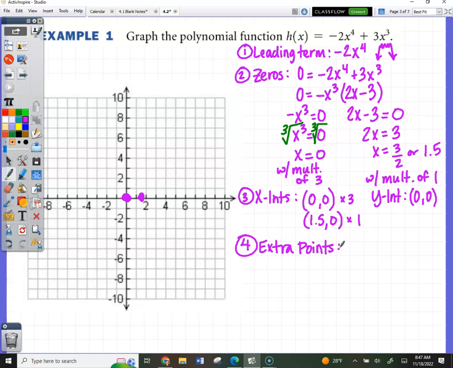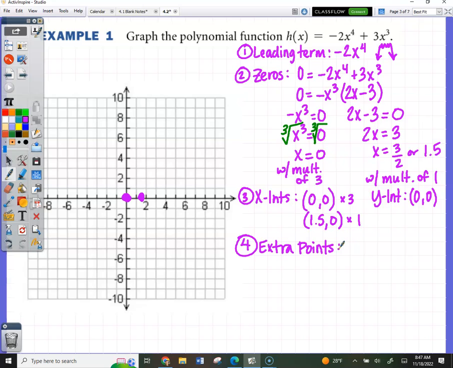Polynomials tend to, once they go off in a certain direction, that's it. All the activity is around where the curves are. So if this is where I'm going to have the curves, do I really want to plug 10 in? No, because 10's nowhere near it.